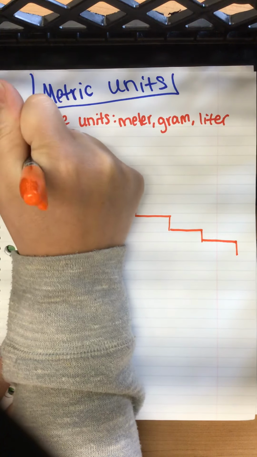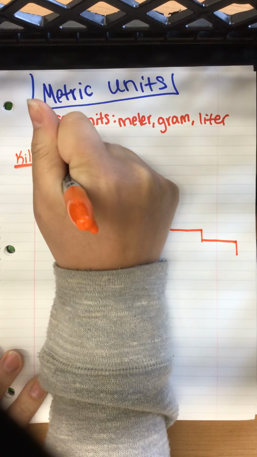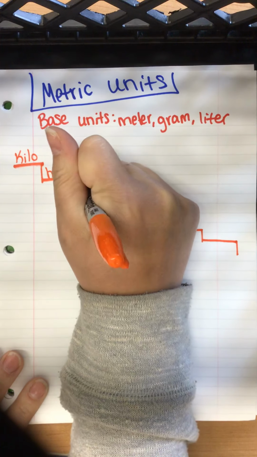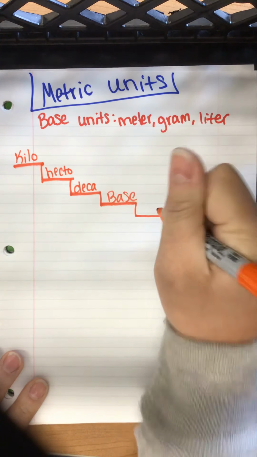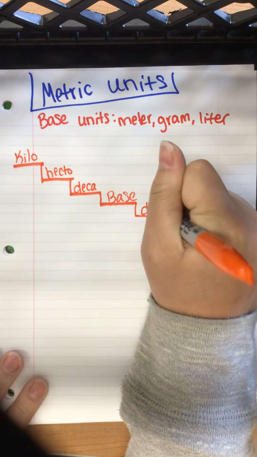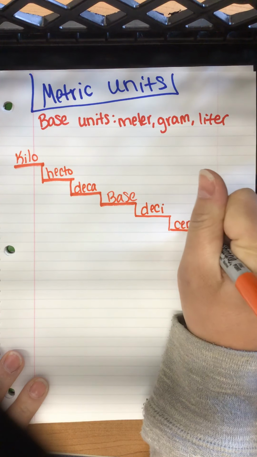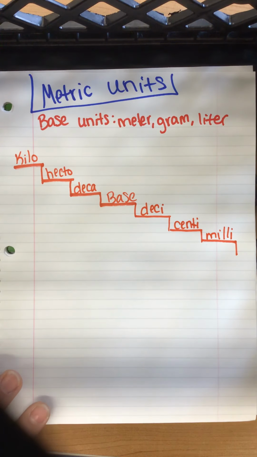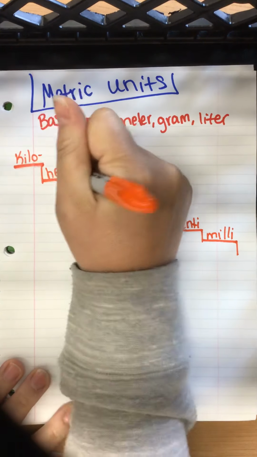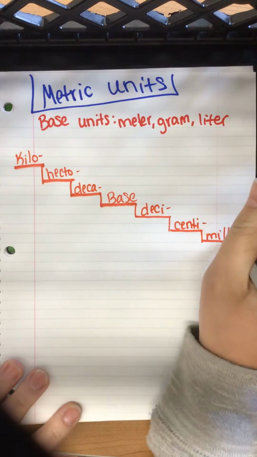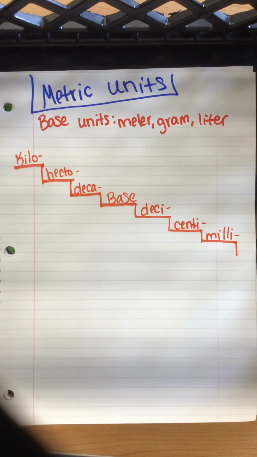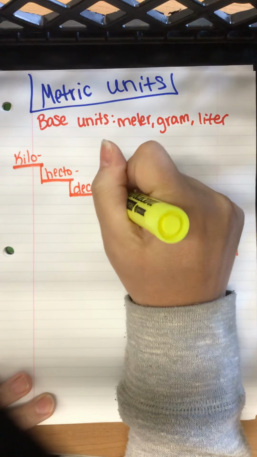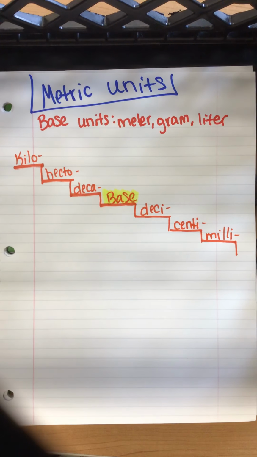Up here is the kilo, the hecto, which you won't really hear much about, the deca, base, the deci, the centi, like centimeter, the milli, like millimeter, okay? So these words all can go in front of the base. Remember that the base is the meter, the gram, or the liter. I'm going to highlight base because that's your starting point. It's going to be your big guy.